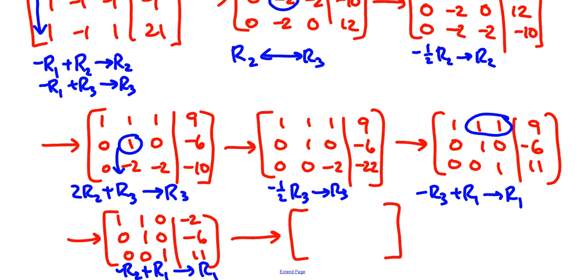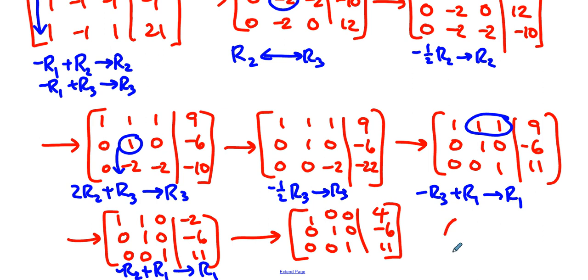Stick the answer in row 1 so that row 2 and row 3 are untouched. Opposite of this plus that, for each entry. Opposite of this is 6 plus that is 4.